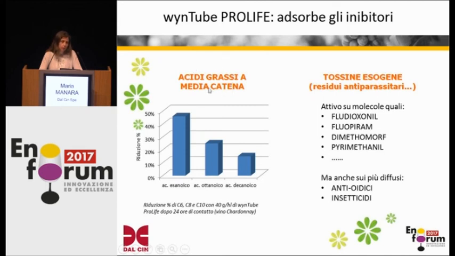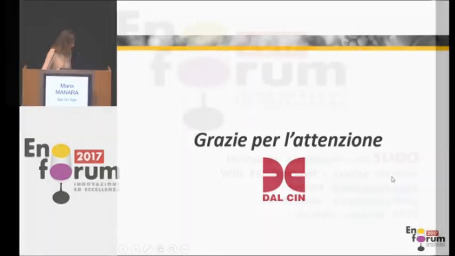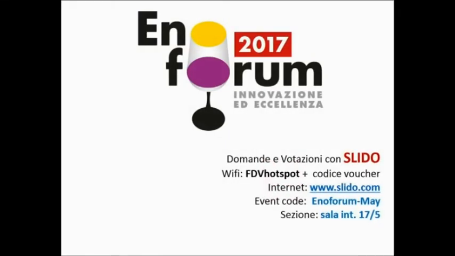It's studies that have been made on endogenous toxins. It has an ability to absorb fatty acids during fermentation, although we've ascertained that actually the absorption is also exerted onto exogenous toxins such as residues of pesticides, but this will be dealt with by the next speaker. So I'd like to close my presentation and leave the microphone to Giorgio Nicolini, who will discuss the rest of the overall subject.